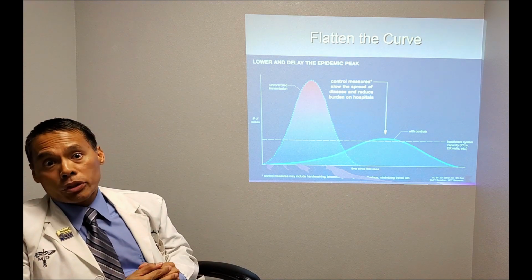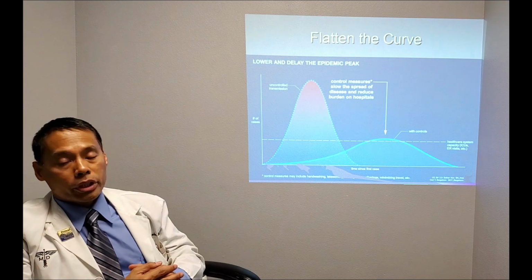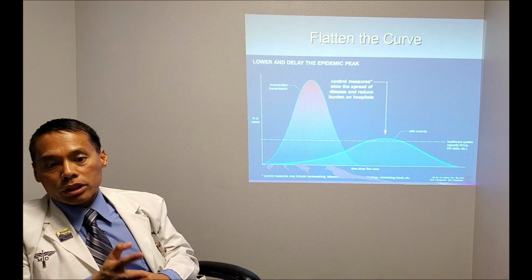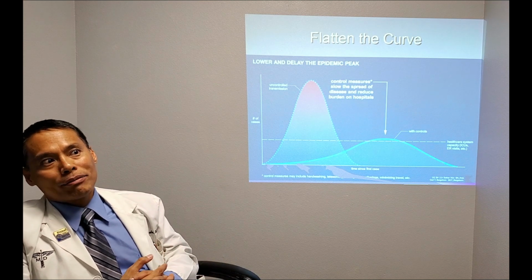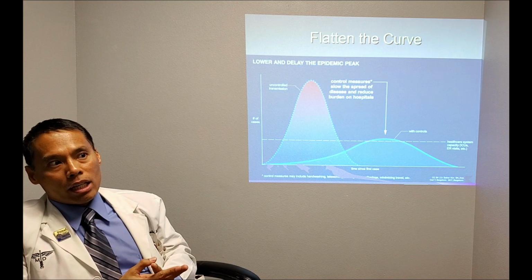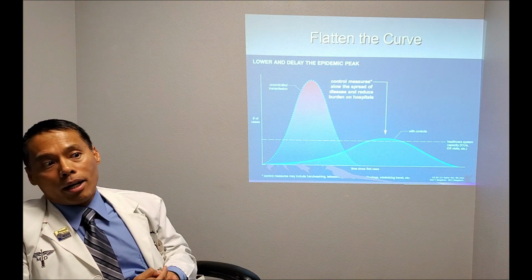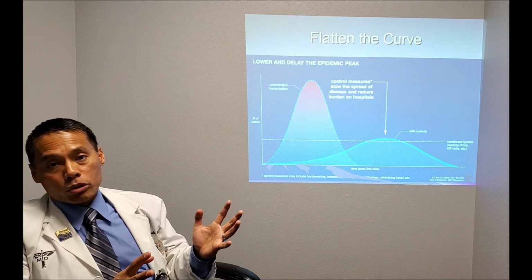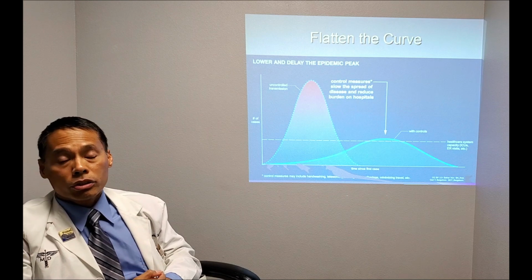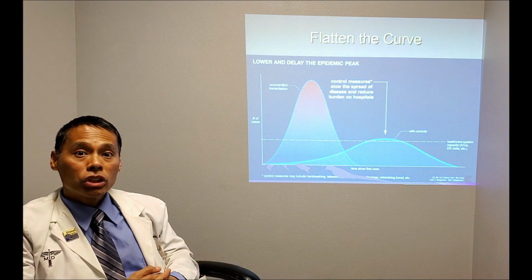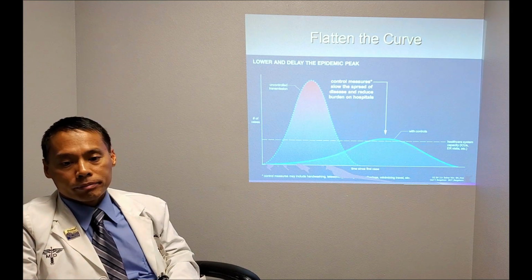In South Korea, where they were actually prepared and took steps before community spread, I'll show you some numbers, they have less than, I want to say, 200 or 300 deaths so far. That's a testament to the effectiveness of social distancing and the proper precautions that have been recommended in terms of hygiene, hand washing, and reducing physical contact and proximity.